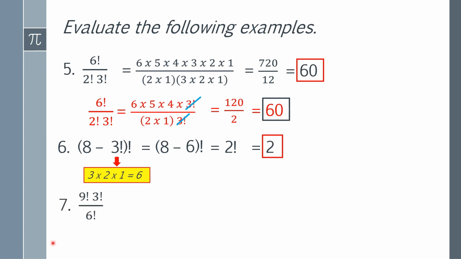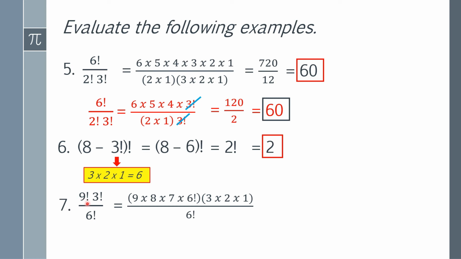And for the last, we have number 7, 9 factorial times 3 factorial divided by 6 factorial. So we have on top 9 times 8 times 7 times 6 factorial. And then we also have 3 factorial, so that's 3 times 2 times 1.